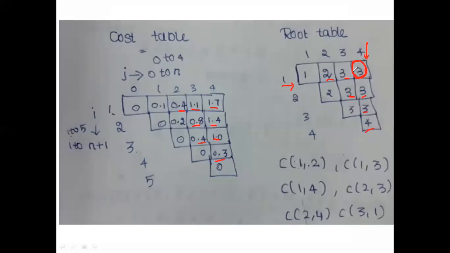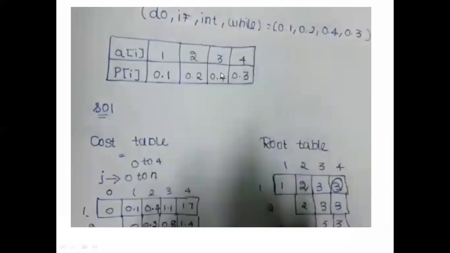Okay, please remember this one, 3. So this is the root value. So what is 3? It is the first row, last column in the root table. It is the root value.